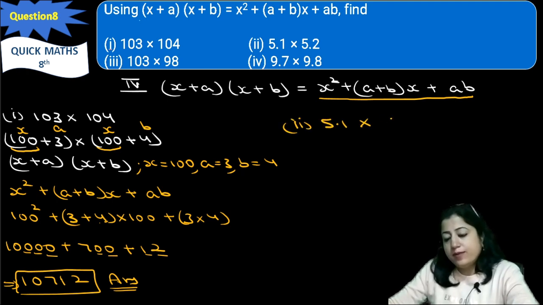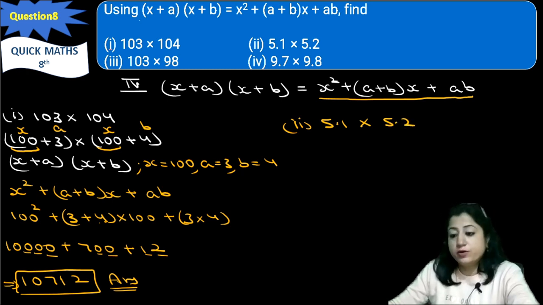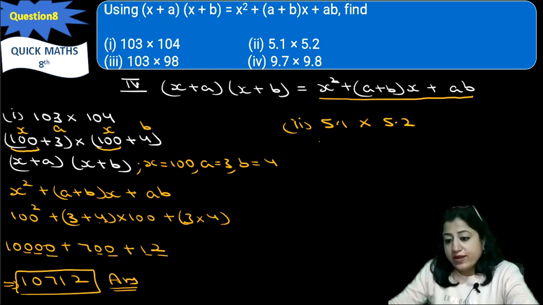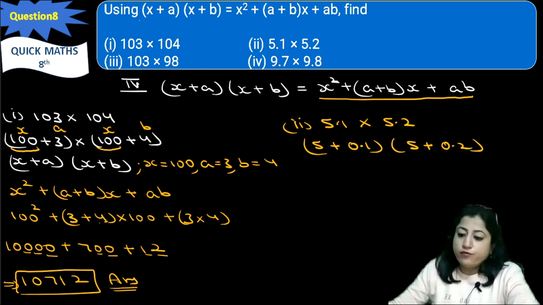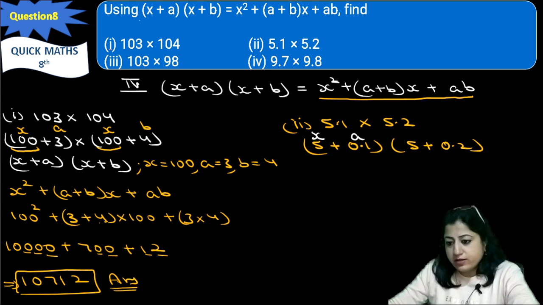5.1 multiply 5.2. First of all, we will identify which number it is closer to. It is closer to 5. So (5 plus 0.1) and next is (5 plus 0.2). So the form is (x plus a)(x plus b). Now using white color, I will highlight. This one is x, this one is a, this one is x, this one is b.